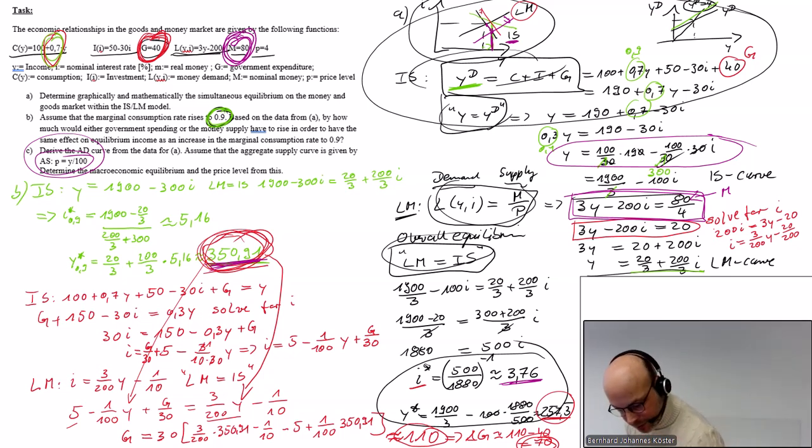if you take the equation for the LM curve, then you see your starting equilibrium income level 250 times 3. This is roughly 750. And then minus 200 times I. 200 times I was 3.7.